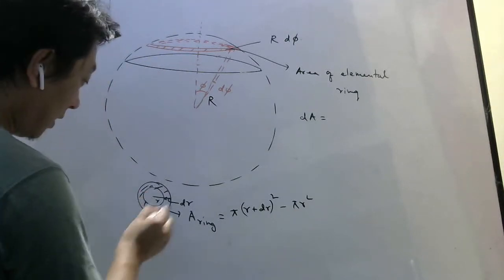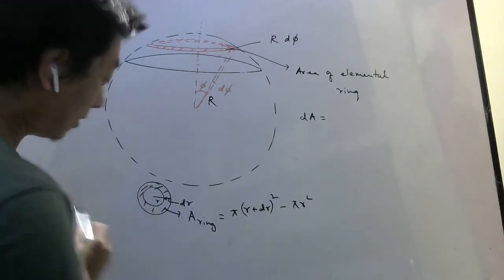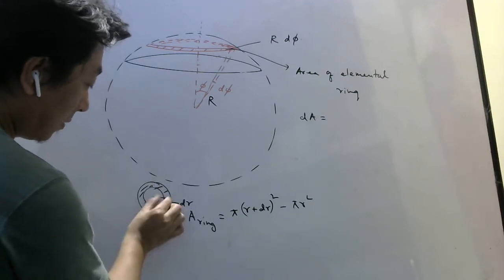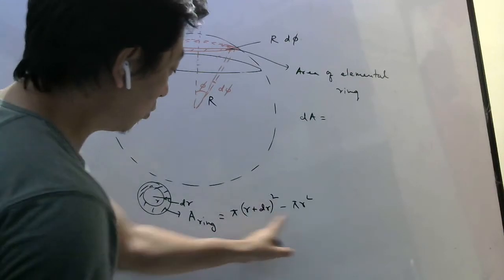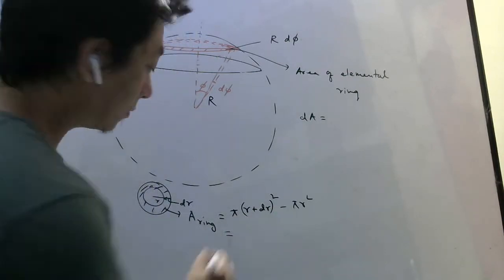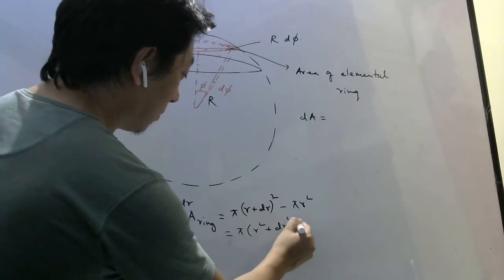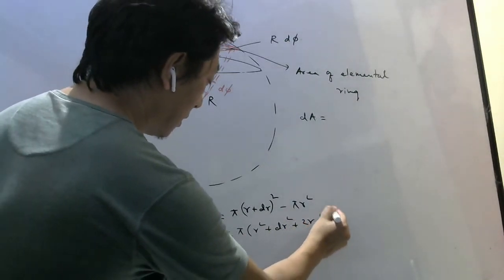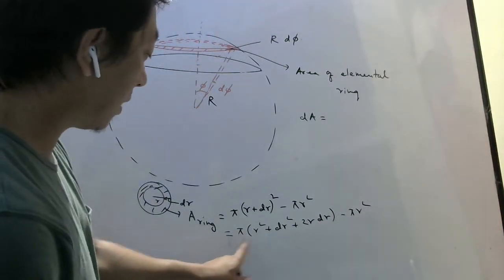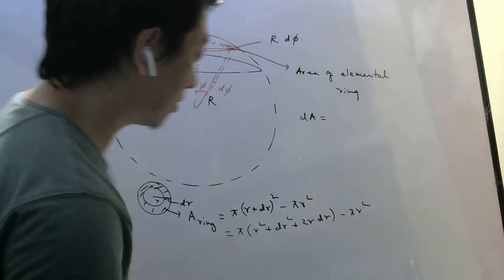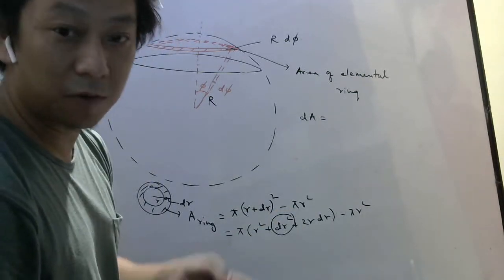This big area minus this small area gives the area of the ring. Now if you open this, you get pi r square plus pi dr square plus 2 pi r dr minus pi r square. The pi r square cancels with minus pi r square, and dr itself is very small, so dr square will be negligible.